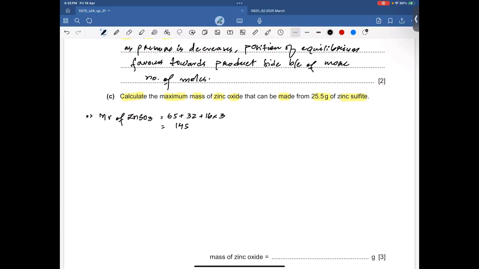Since we know the mass of zinc sulfide, I can find the moles. So moles of zinc sulfide is 25.5 divided by 145. So I'll get 0.01758.